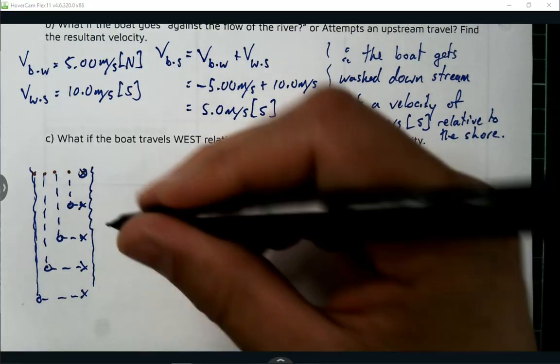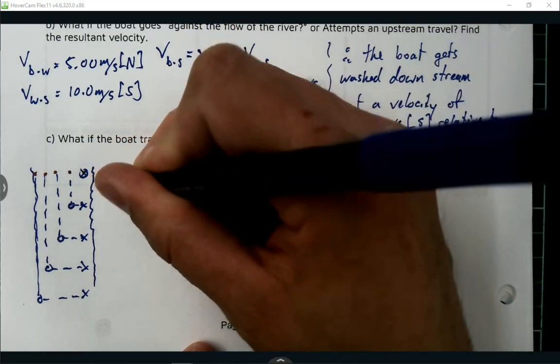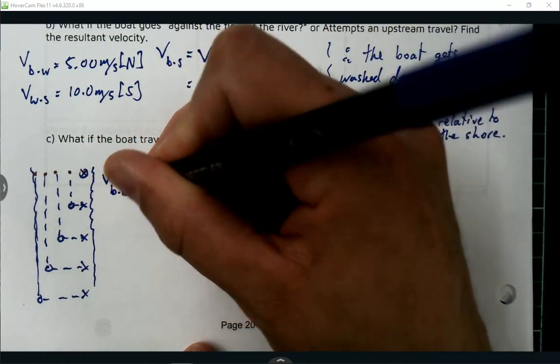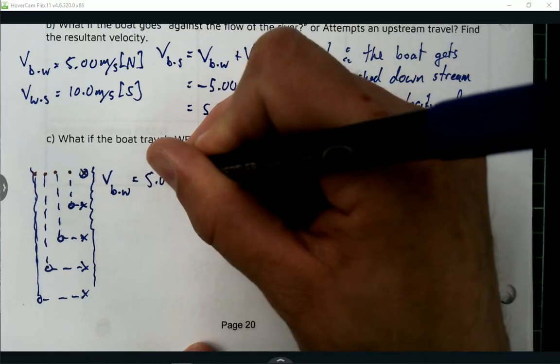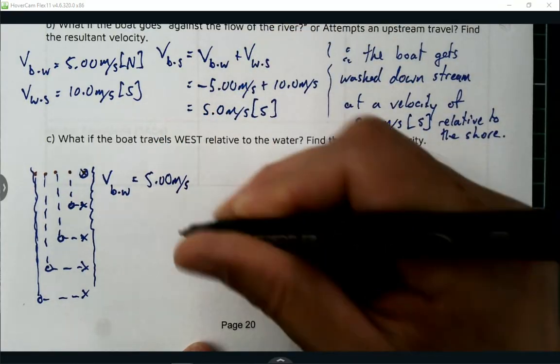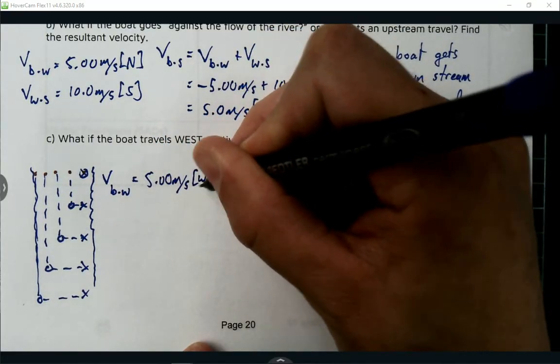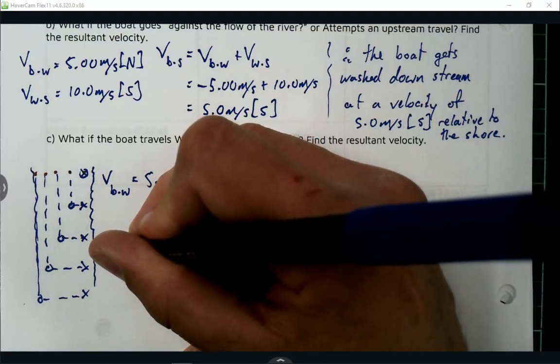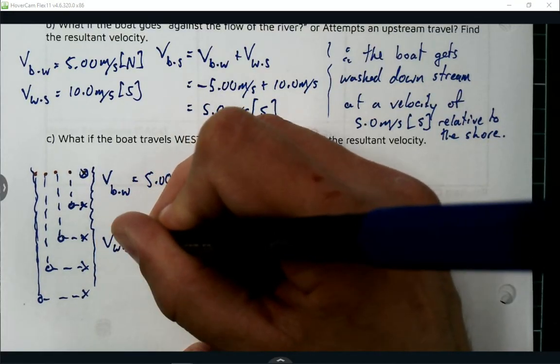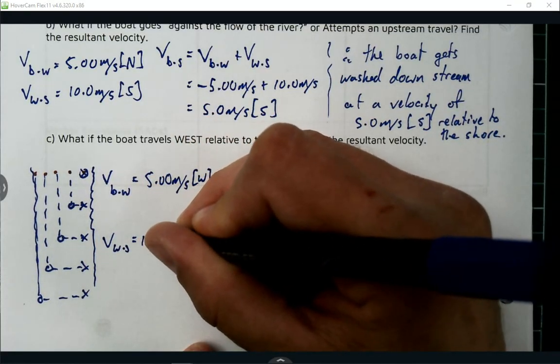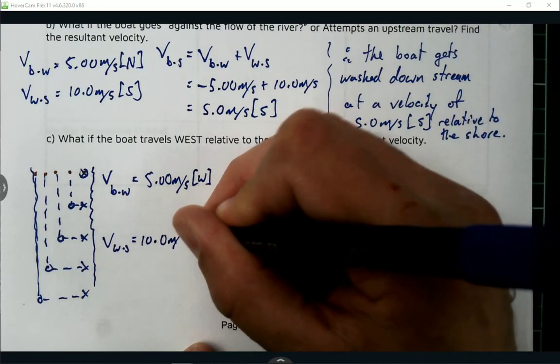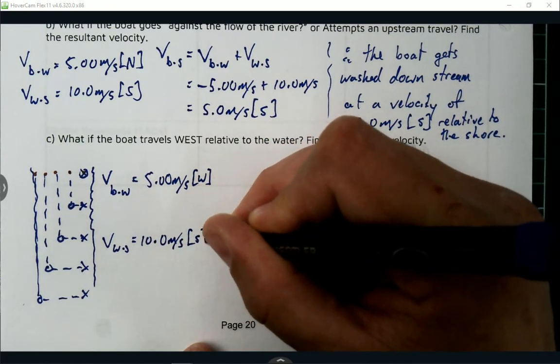Anyway, let's write out our givens. What we're showing with this little diagram is the velocity of the boat relative to the water is 5.00 meters per second to the west. And the velocity of the water relative to the shore is 10.0 meters per second south.